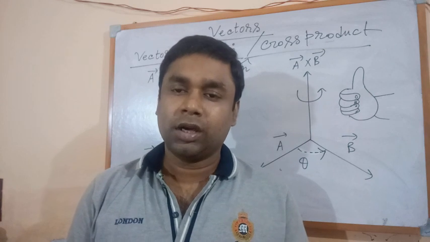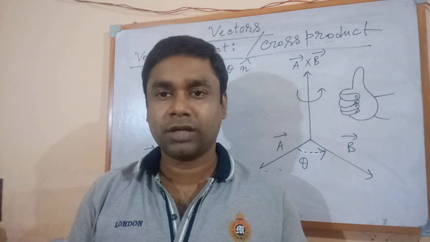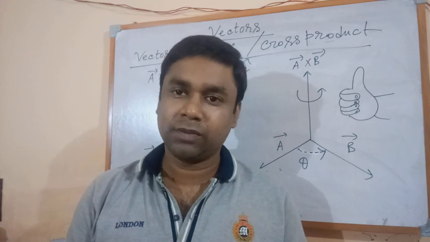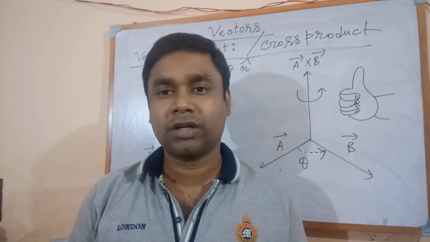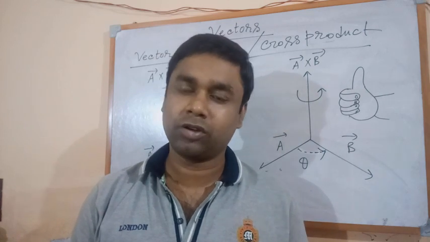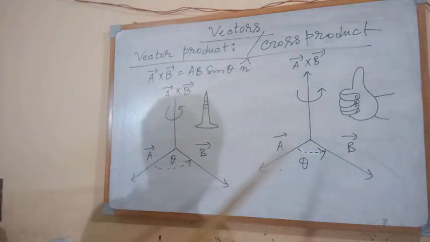If we multiply two vectors, and if the result of this multiplication is a scalar, then the multiplication of two vectors is called scalar product or dot product. Here we are discussing cross product or vector product.